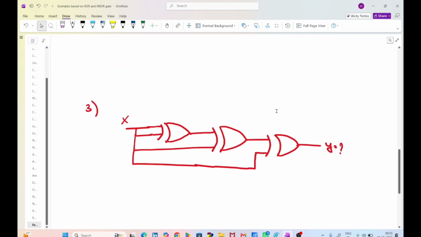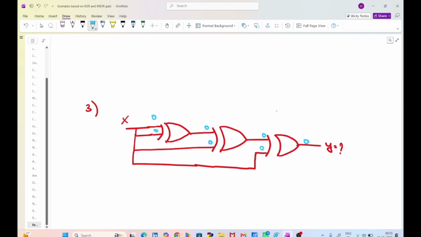In this case, we need to find the output Y. Let us first give the input as 0 0 0, that means X as 0. When the input is 0 0 to the XOR gate, we know that the output is 0. It will again become 0, then again 0.